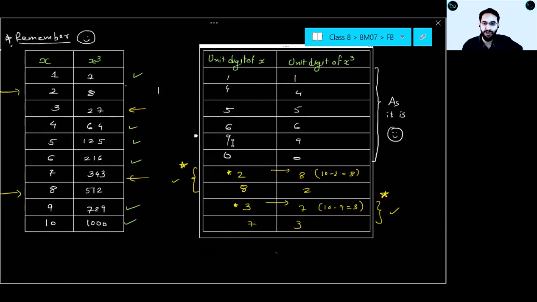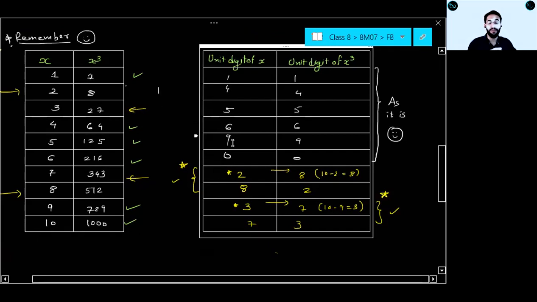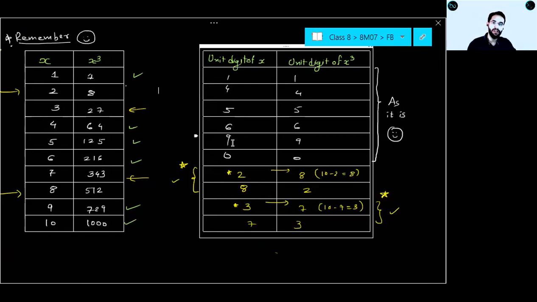Like in the case of perfect square, if you remember, we just observed its unit digit, and after observation we said that either it is not a perfect square or it may or may not be a perfect square. But in perfect cube, all the digits come in the unit place.